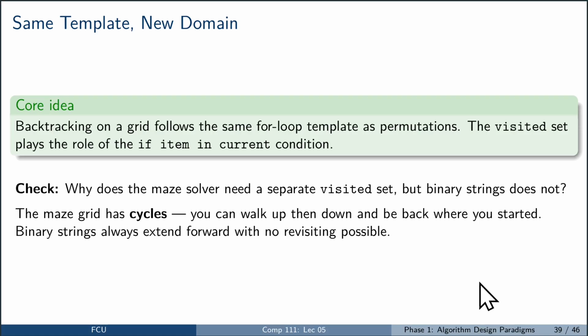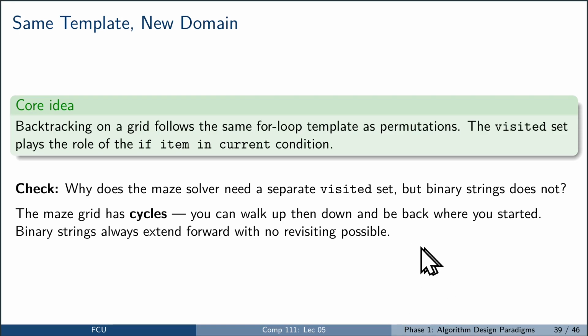So think about it this way. Why does the maze solver need a separate visited set, but binary strings doesn't need that separate visited set? Well, the maze can have cycles, meaning loops. It can go around and around in circles. And without knowing whether we visited a cell already or not, we are going to get stuck in an infinite loop forever and ever.